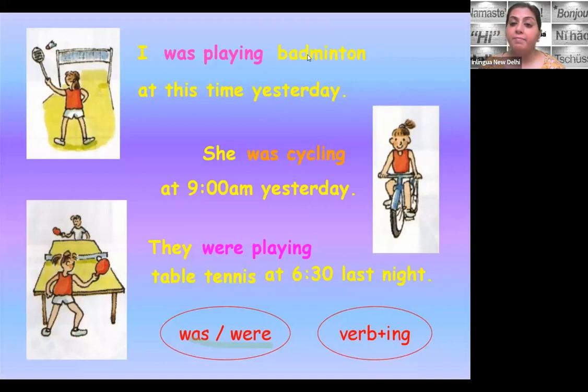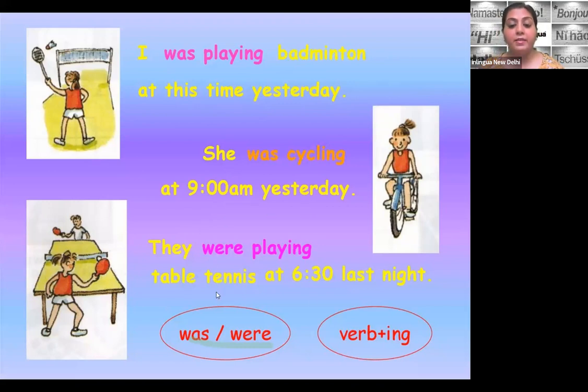Okay, some more examples. I was playing badminton at this time yesterday. Meaning if someone asks you, what were you doing at this time yesterday? You can share the activity. I was playing badminton at this time yesterday, or I was cooking dinner at this time yesterday. She was cycling at 9 a.m. yesterday.